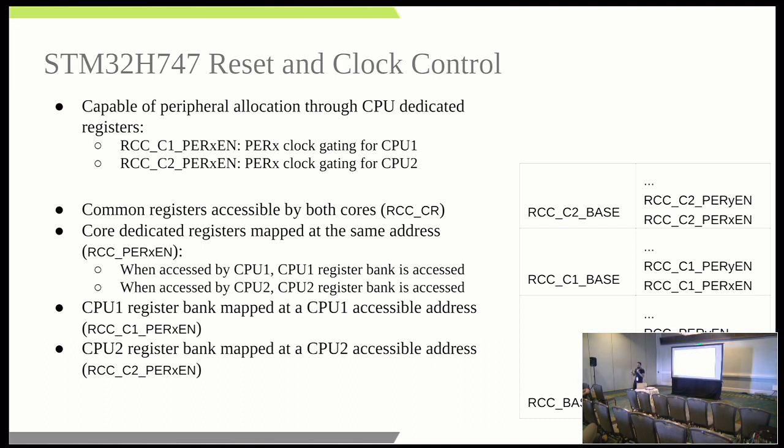When accessed by CPU2, only the CPU2 register bank is accessed. Then CPU1 can configure the CPU2 register bank by accessing the CPU2 address and vice versa.